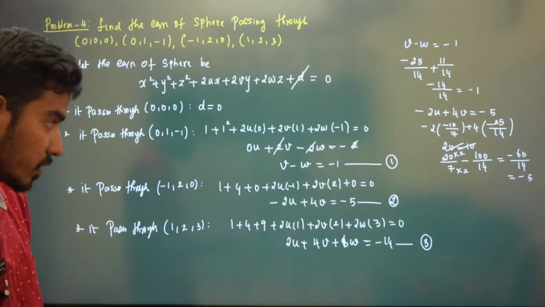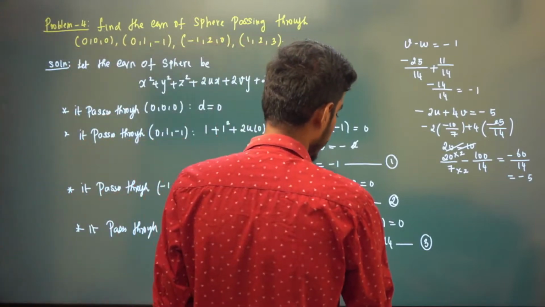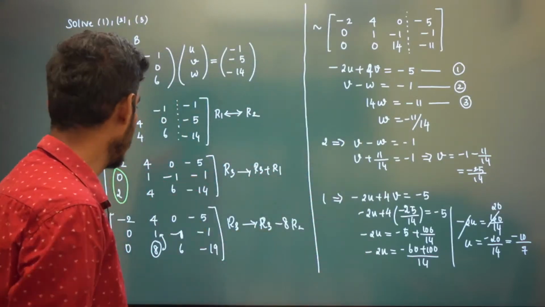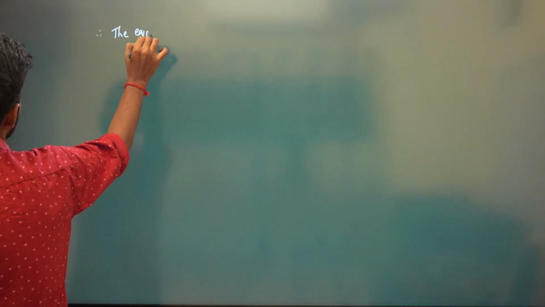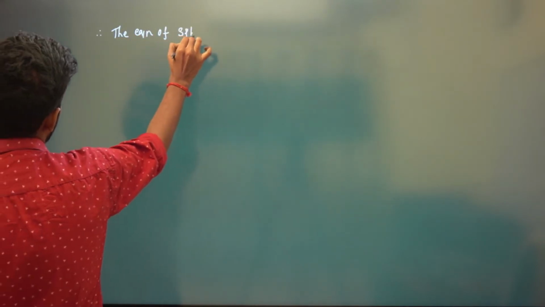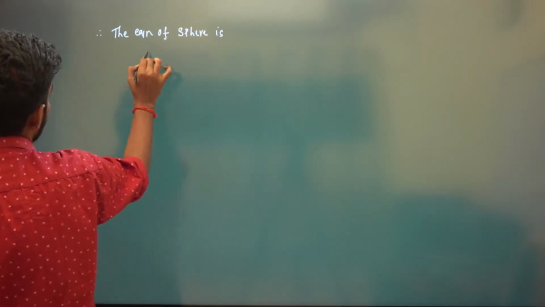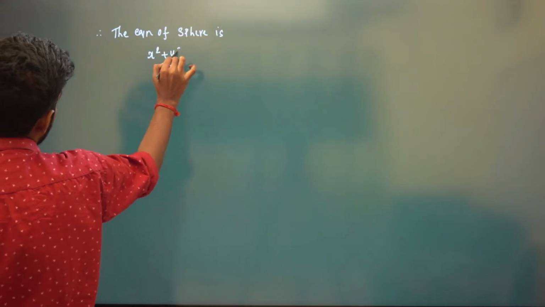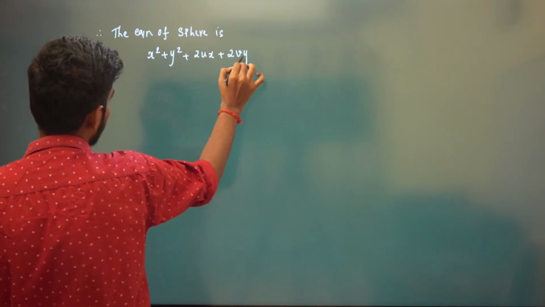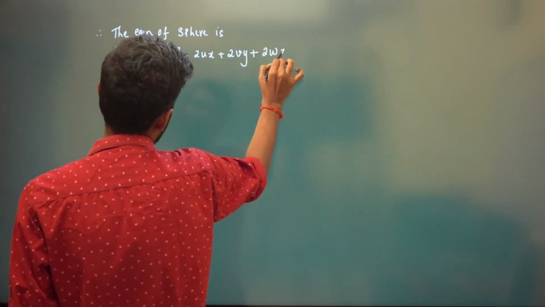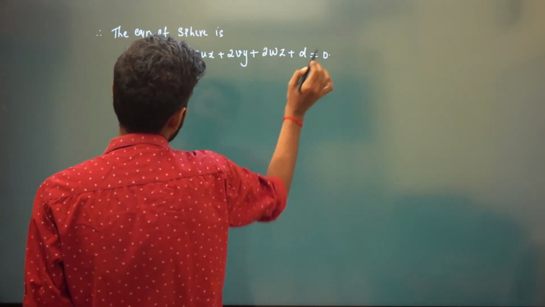Book answer is wrong. So this is our UVW. Right? This is our UVW. Now substitute back, you will get the required answer. Right? So therefore, the equation of sphere is given by x square plus y square plus 2ux plus 2vy plus 2wz plus d equal to 0.